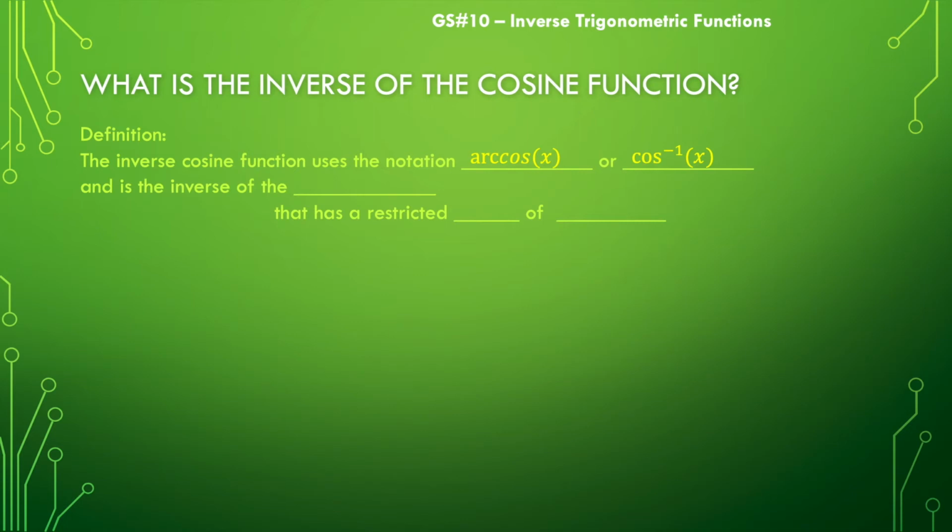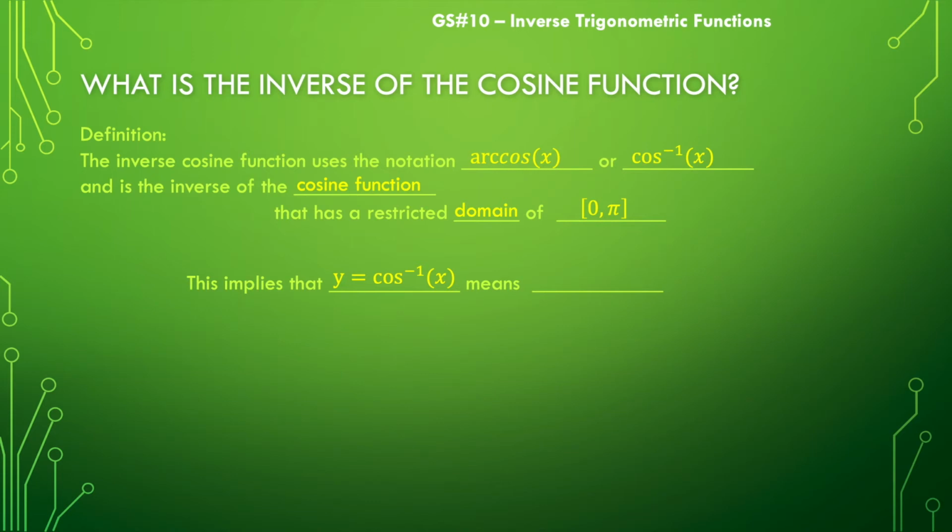and it is defined to be the inverse of the cosine function that has a restricted domain of 0 to pi. Okay, so we take that restricted cosine function and we turn it into our cosine inverse function. So what that implies is y is equal to cosine inverse of x.